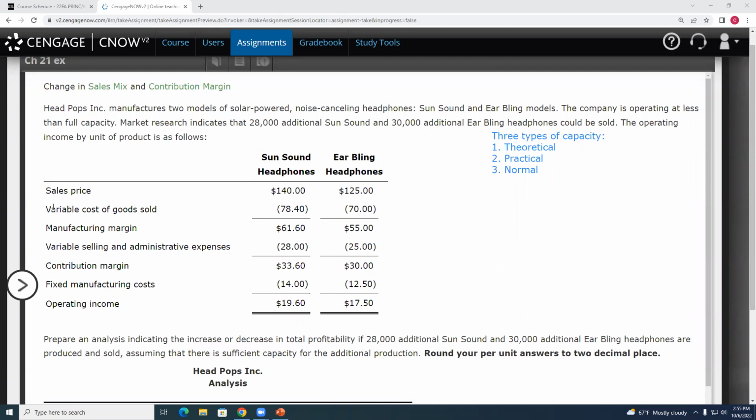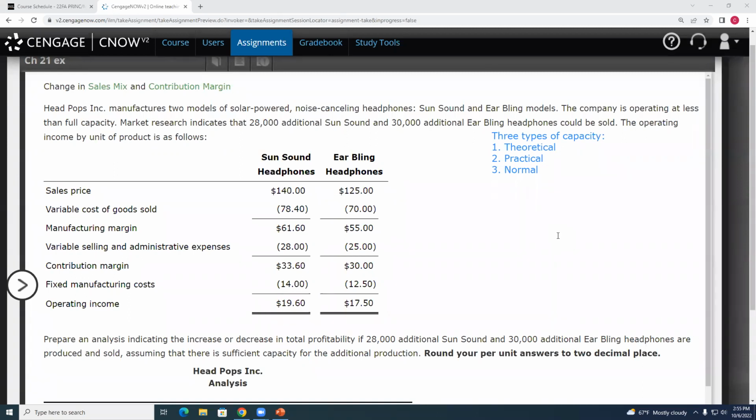So when we talk about operating at less than full capacity, what that means is how much we are planning to produce is less than what we could produce. Maybe we don't have a third shift on, maybe we don't have any workers working overtime. Maybe we actually have some positions open that we're trying to hire some workers for.